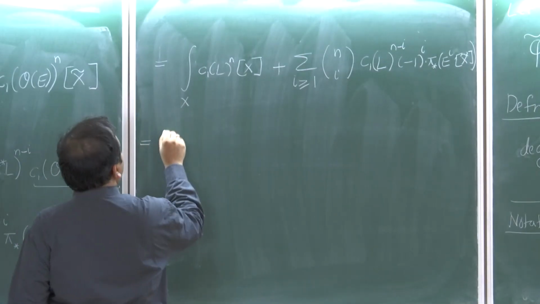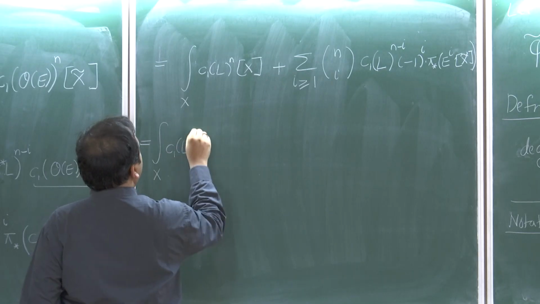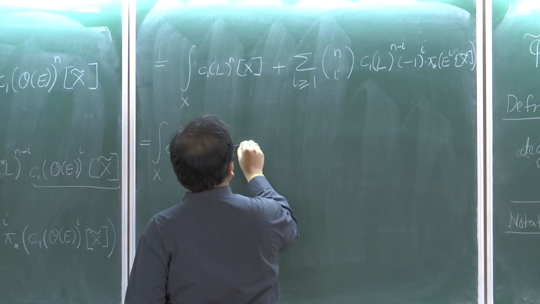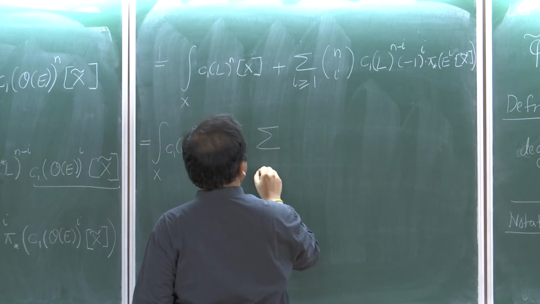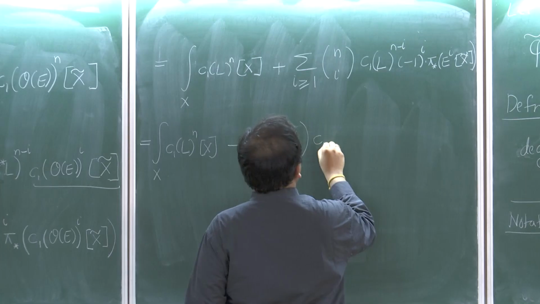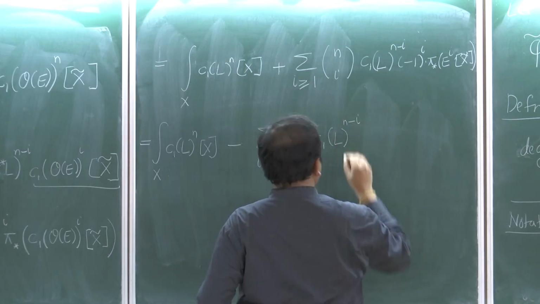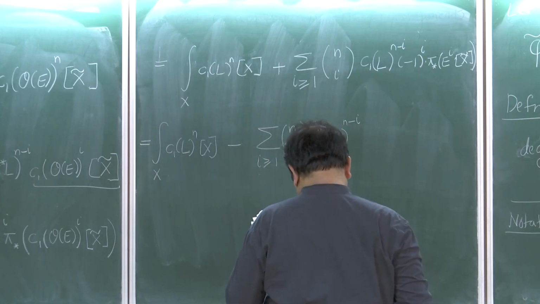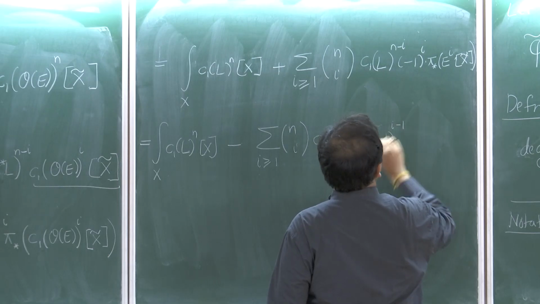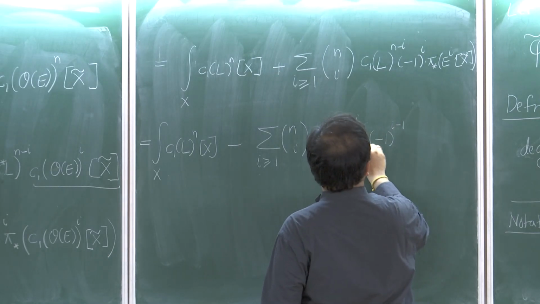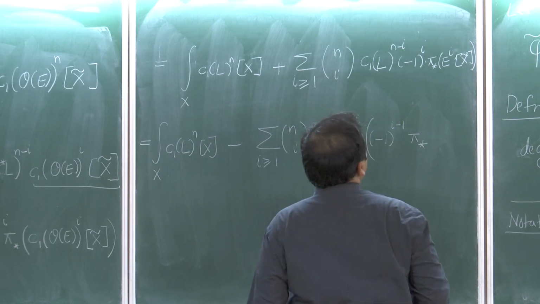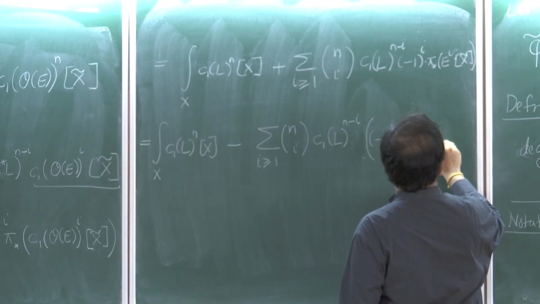So this is equal to the integral over x of C1L n of x, and I will take out a minus sign and write this as the sum over I greater than or equal to 1 of n choose I, C1 of L to the n minus I, times minus 1 to the power I minus 1, pi lower star of E to the power I minus 1.